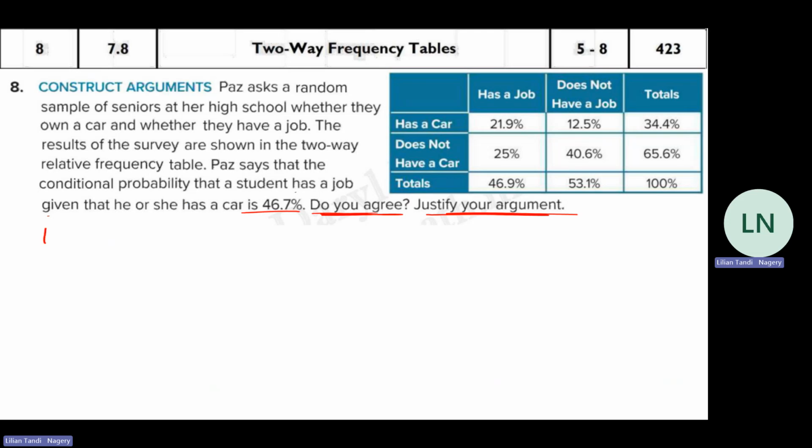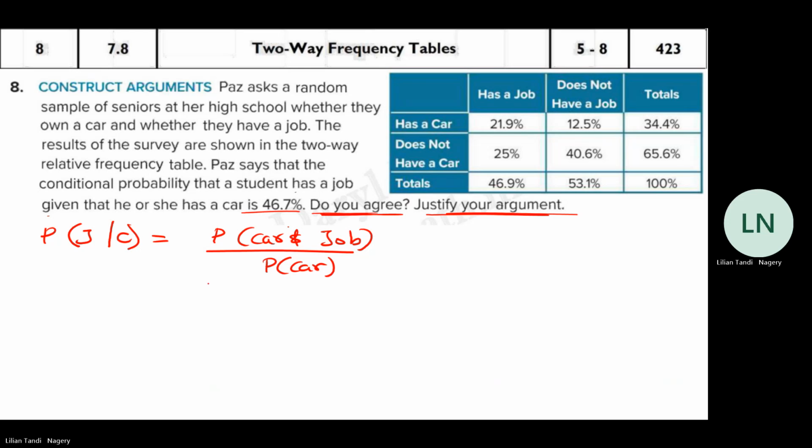Okay. Probability that you have a job given that you have a car equals probability that you have a car and job over probability that you have a car, which means probability of car intersection job divided by probability of car.